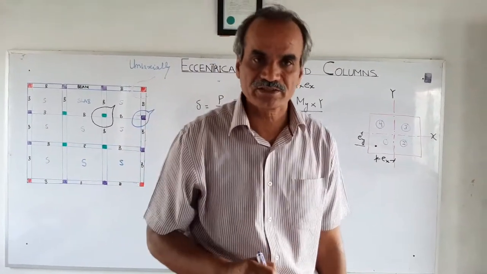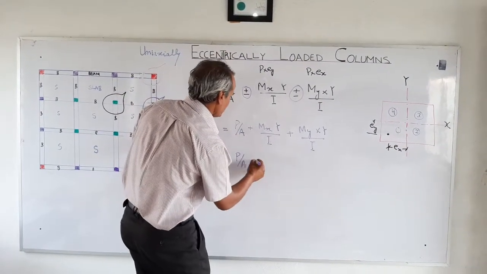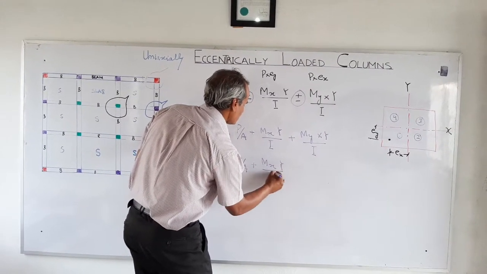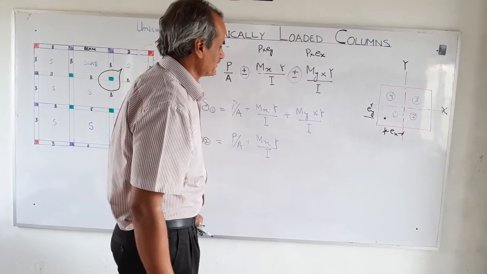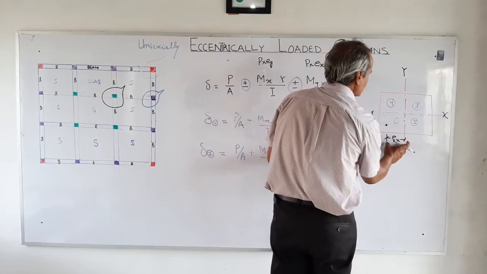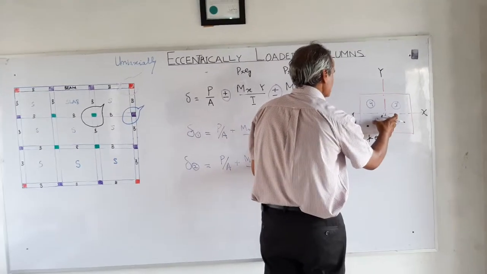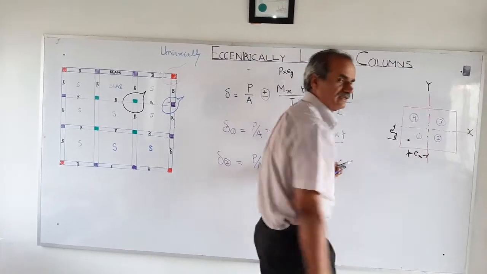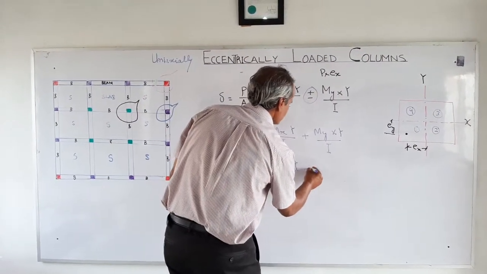So the sign chosen over here shall be positive because it has the same sign as that of P over A. So it will be plus Mx into y over I. Now for the second eccentricity, that is about the y-axis, if you see this eccentricity Ex and the moment bending this cross section about the y-axis, it is trying to cause tension in this half.